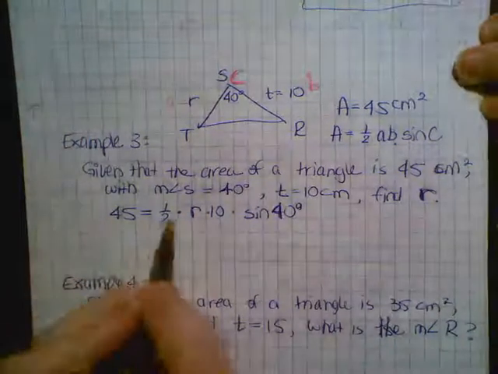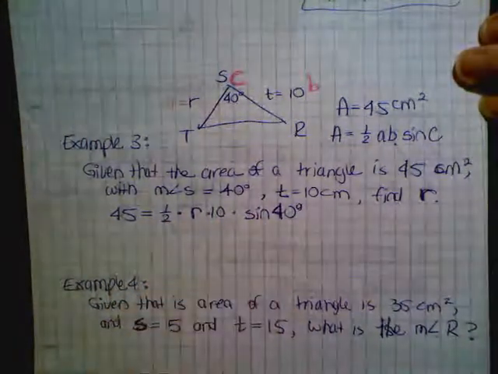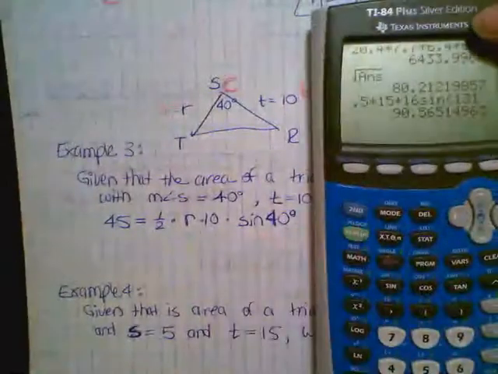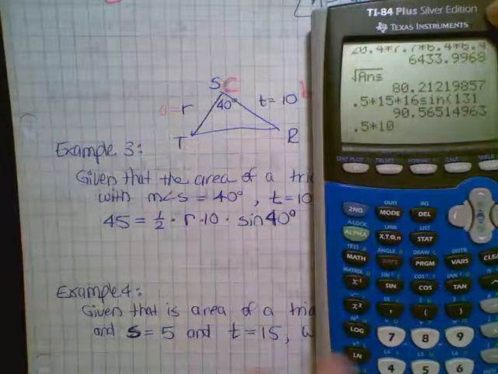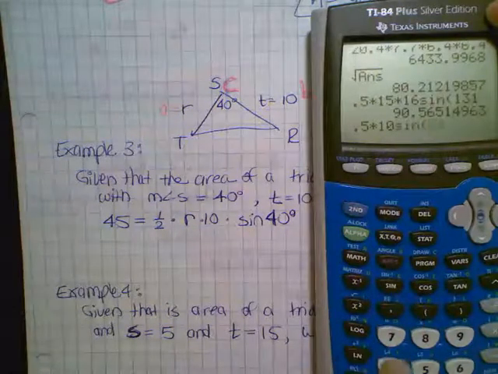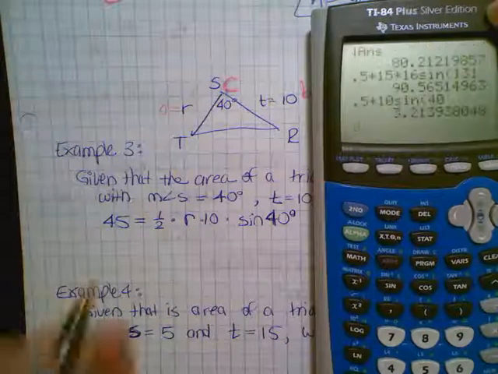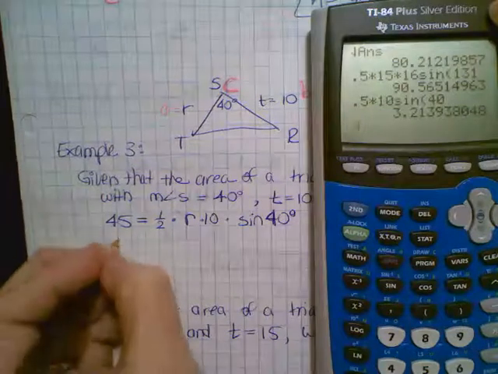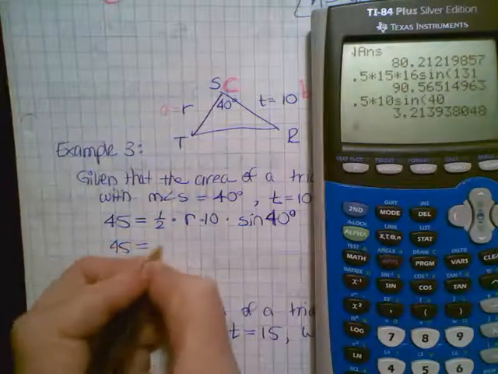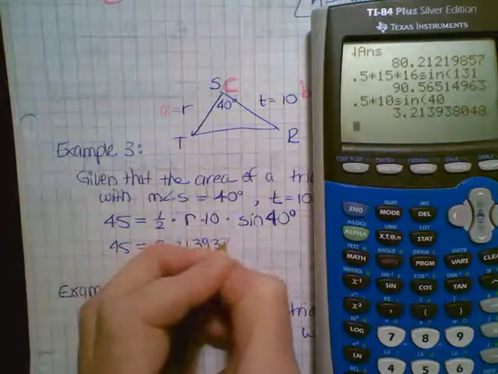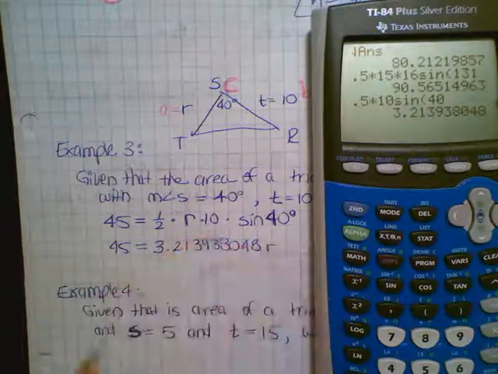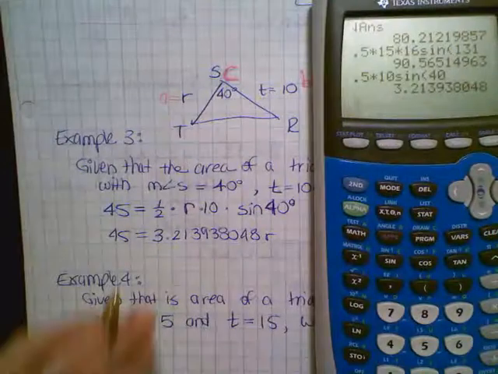So I'm going to do 1/2 times 10 times sine 40 degrees. So 0.5 times 10 sine 40 degrees. So I got 45 is equal to 3.213938048R, right? Big long number.